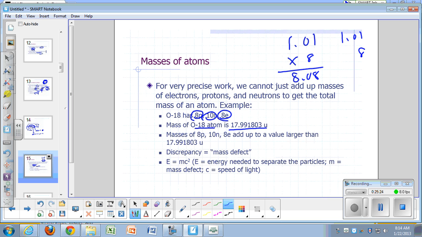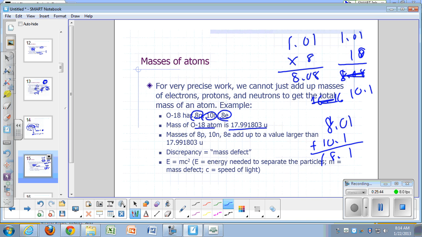And 1.01 times 10 neutrons would be 10.1. So 8.08 plus 10.1 is already 18.1. That's already over 18. An oxygen-18 atom has a mass of only 17.991803. That's less than 18, less than the mass of 18 nucleons combined. Question?